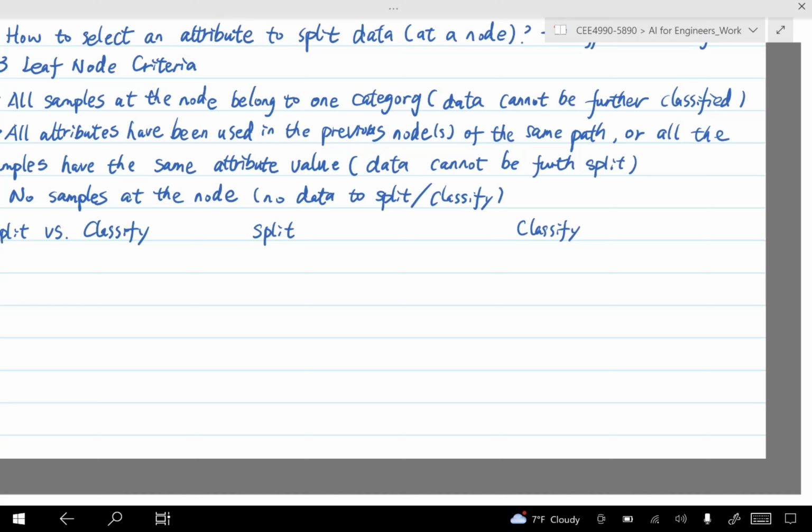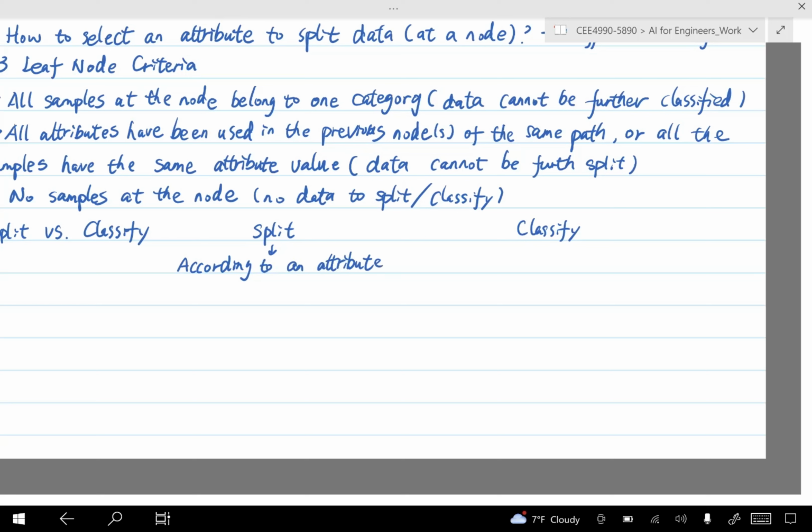Classify is what we want to do because for a classification problem, we want to find what categories we have and which category does each sample belong to. Split is a special thing that we do in the training process of decision tree. We need to keep splitting the data so that we can grow the tree by adding more layers of nodes into the tree. So for splitting, it is done according to an attribute.